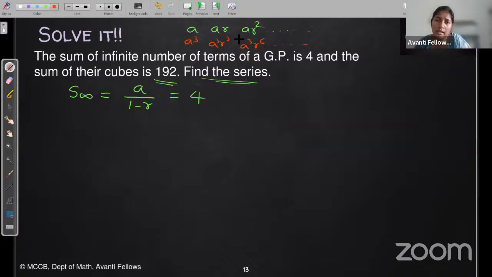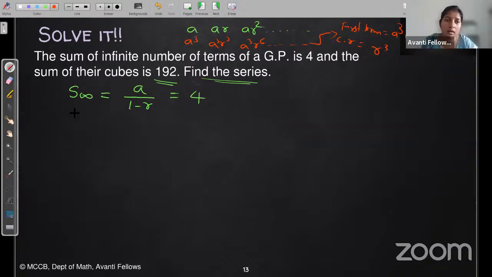Now tell me, what is the common ratio here in this third case? In this GP, the first term will be a cube, and what will be the common ratio? Common ratio will be r cube, right?